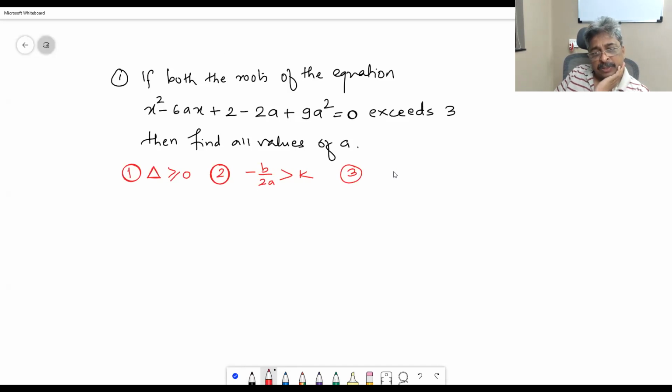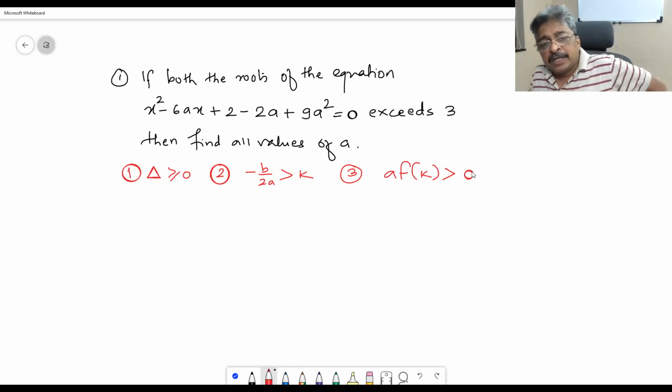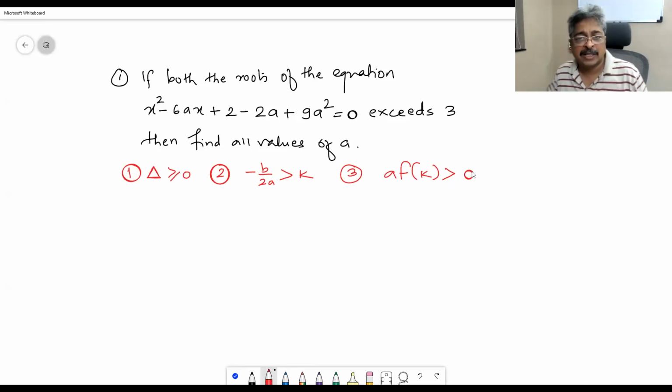Third condition was a of f of k should be greater than 0. If we apply these to this quadratic equation, we will get three solutions, S1, S2 and S3. Finally, we are supposed to take the intersection of all three.